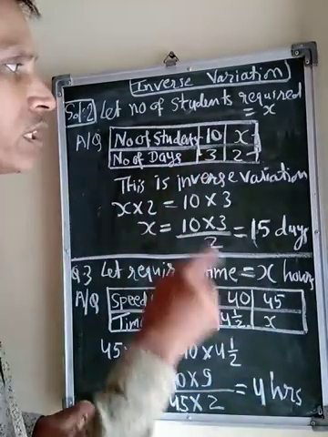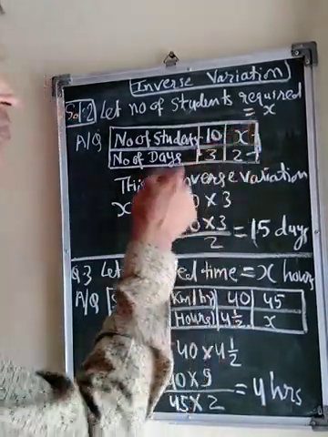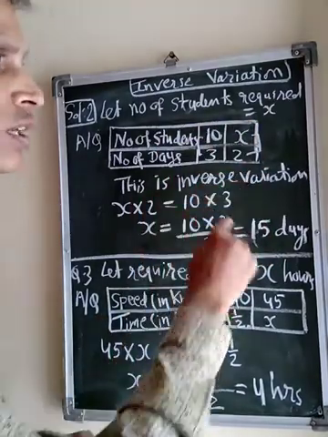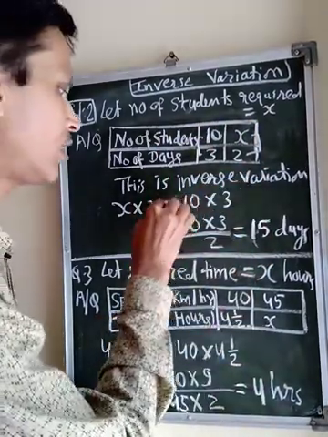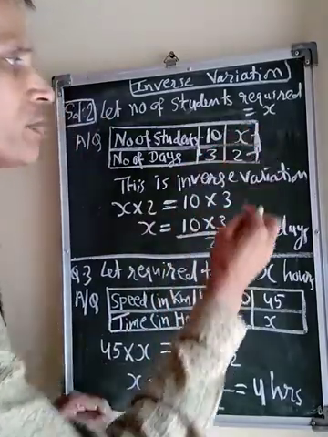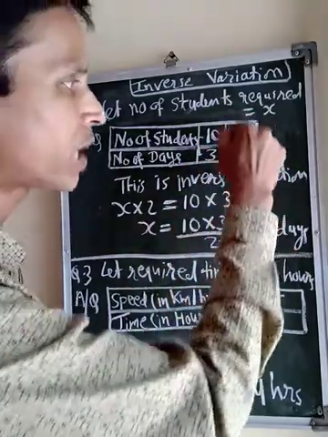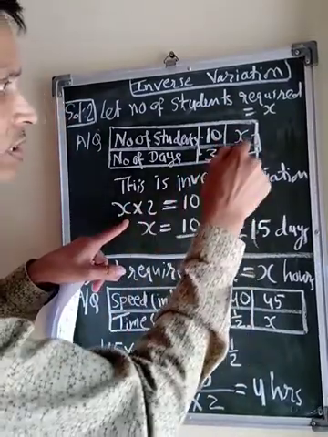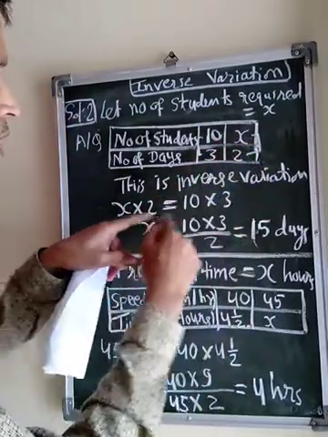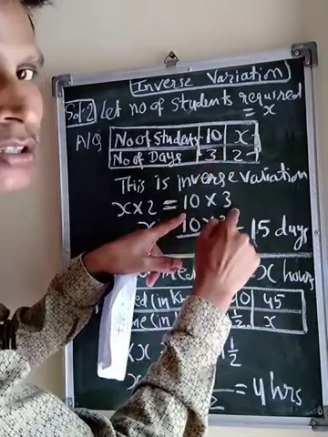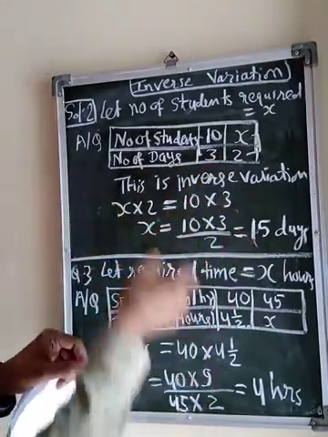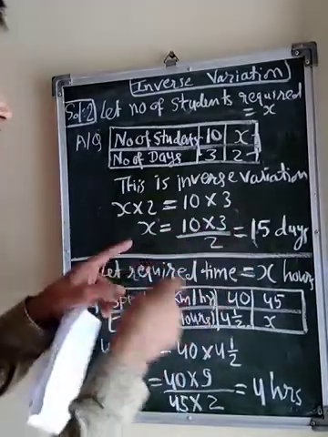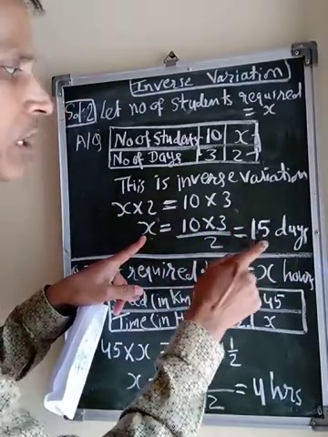Here we will write equal, but instead of cross multiplication we multiply up and down. You see what I have done: x into 2 and here 10 into 3. We will write the x term first so that it is easy to solve. So x is 15 after solving.